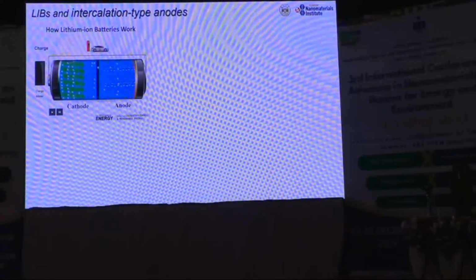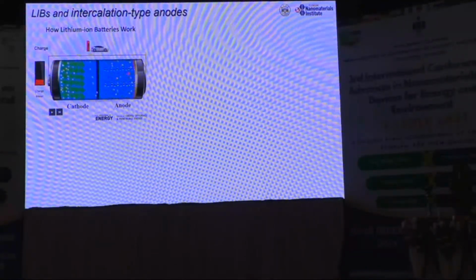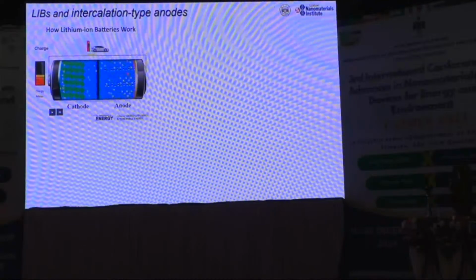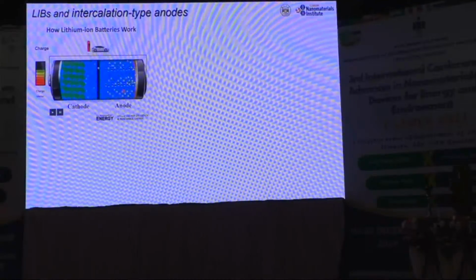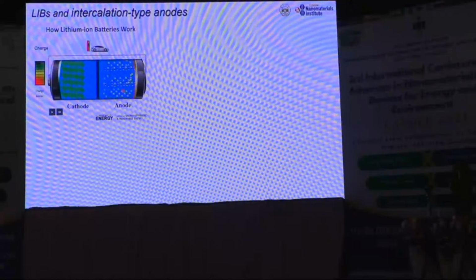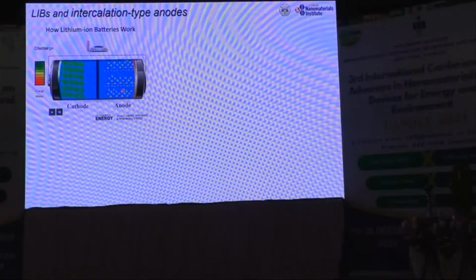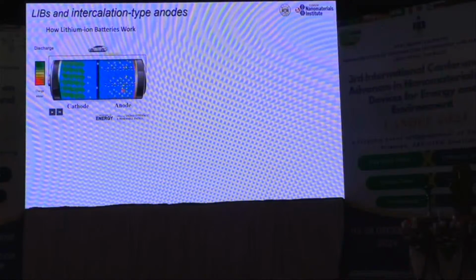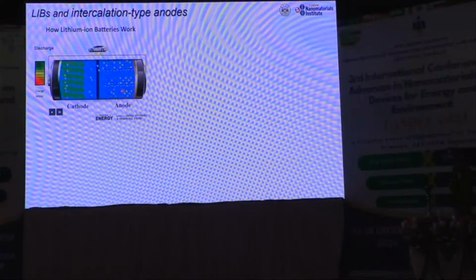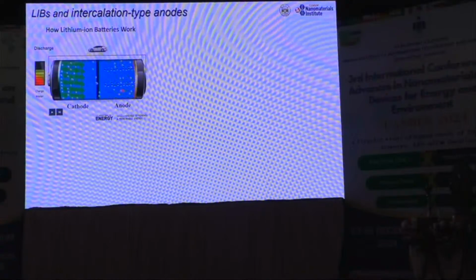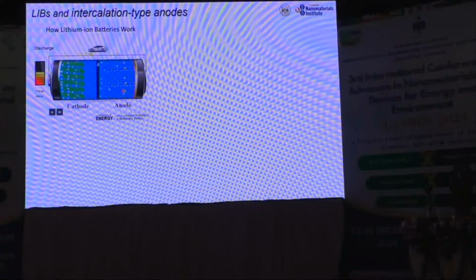When you're charging, the ions travel across the separator. This is the separator. The blue part is the electrolyte, and they lodge themselves in the graphite anode. Okay, and when the vehicle is fully charged, then you use it, and the electrons flow in the external circuit. Those are the yellow dots, and then they come back to the host cathode. So this is how it works.